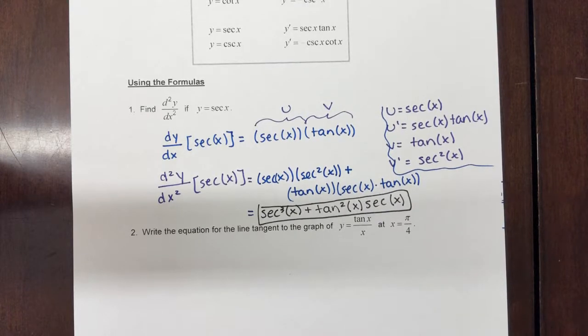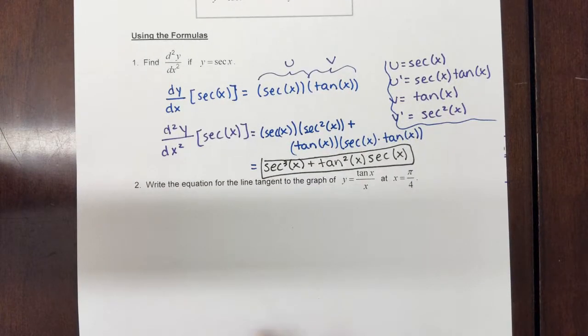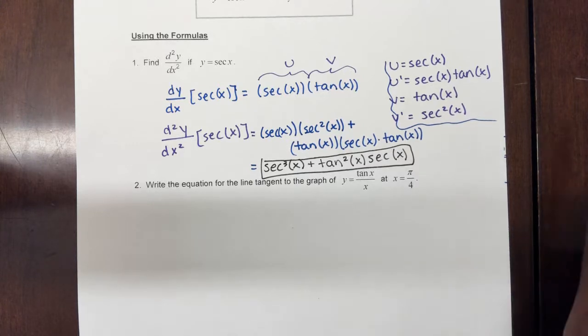Okay, so for our last problem, we want to write the equation of the line tangent to the graph of y equals tangent x over x at x equals pi over 4. So first thing we want to do is find the derivative of tangent x over x.